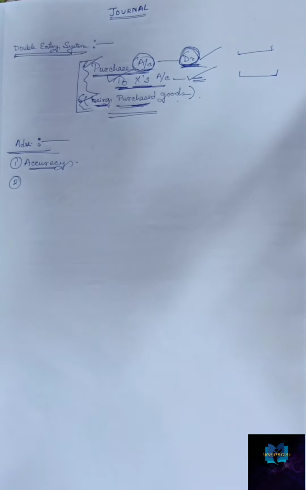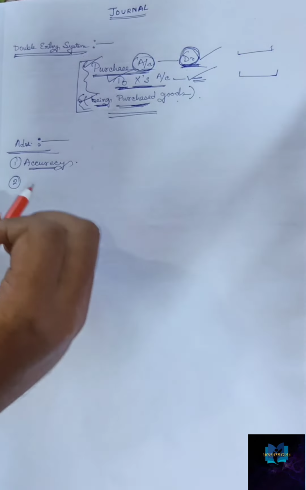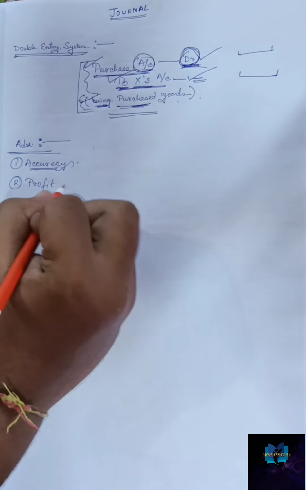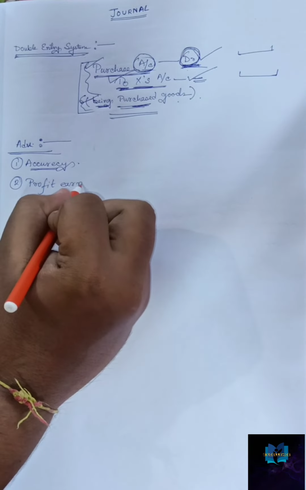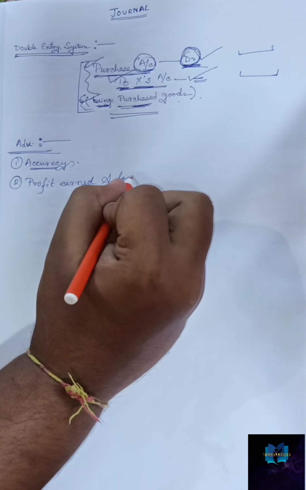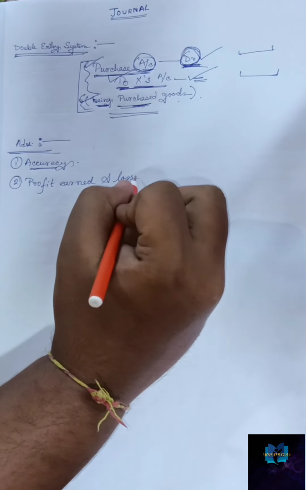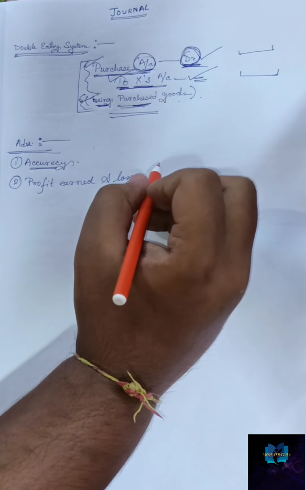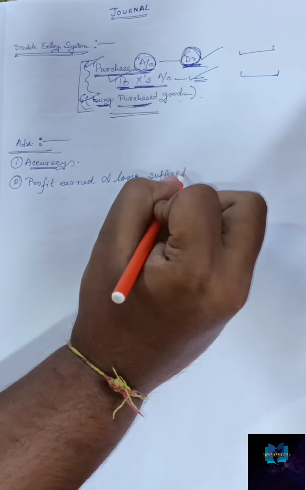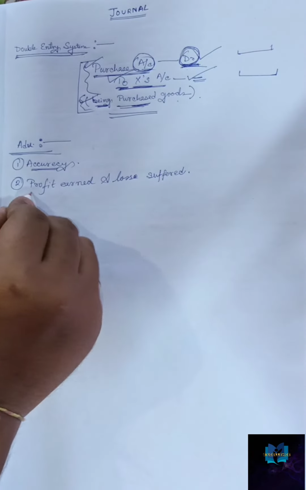In the second point, the advantage: profit earned and loss suffered. So how can I rectify the loss suffered and profit?